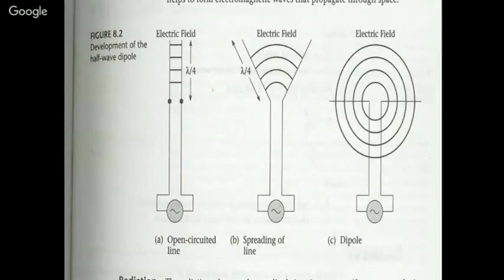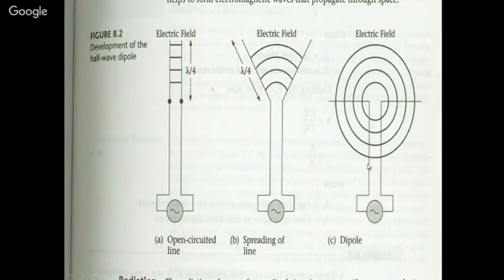But if you keep away the two arms of a cell, this becomes electric field. If we still decrease the distance, this behaves like a dipole, and that is called the antenna.